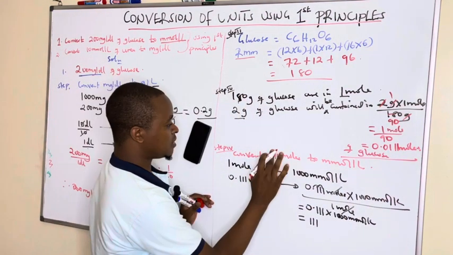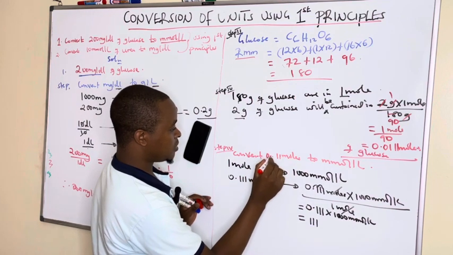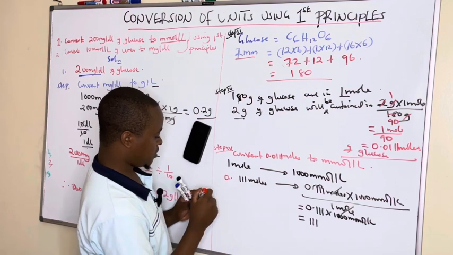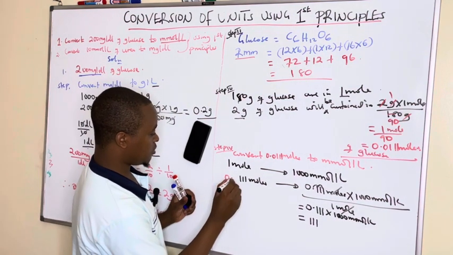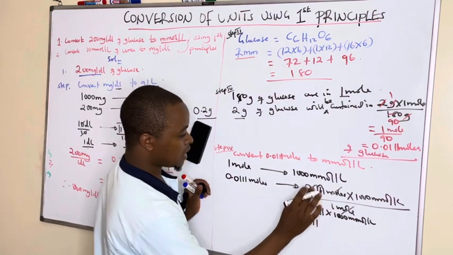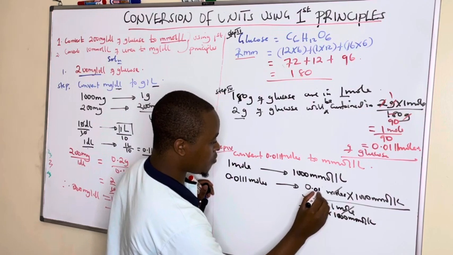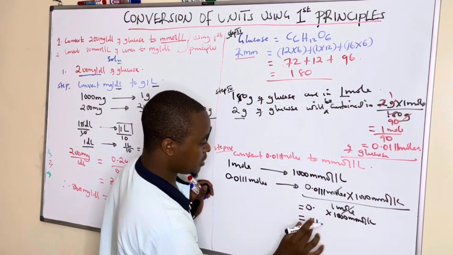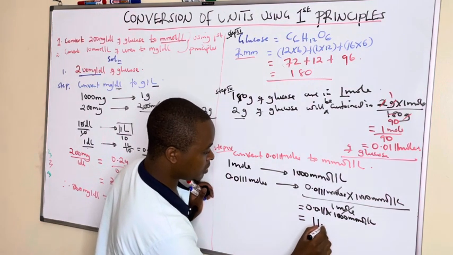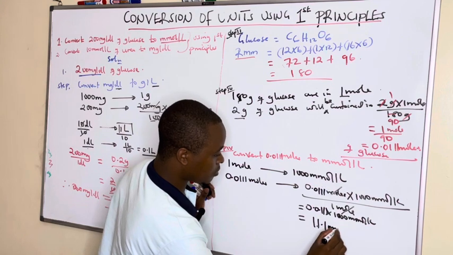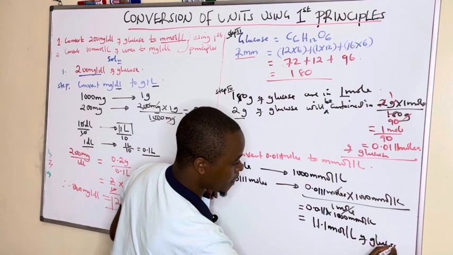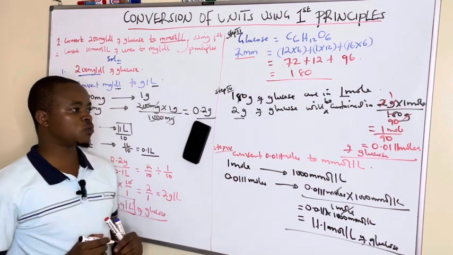And here we are converting 0.011, and here still we are getting 0.011. So we are multiplying here by 0.011, and still here it is 0.11, and we get the answer as 11.1 millimole per liter of glucose. So that is what we are getting.